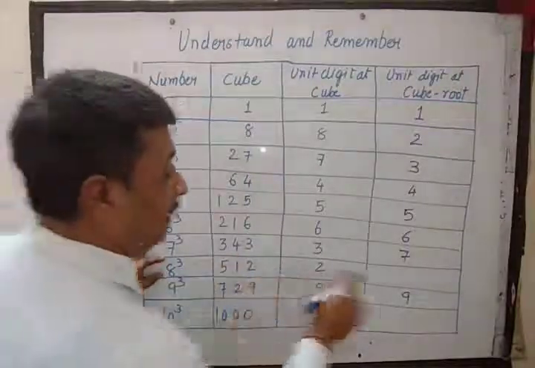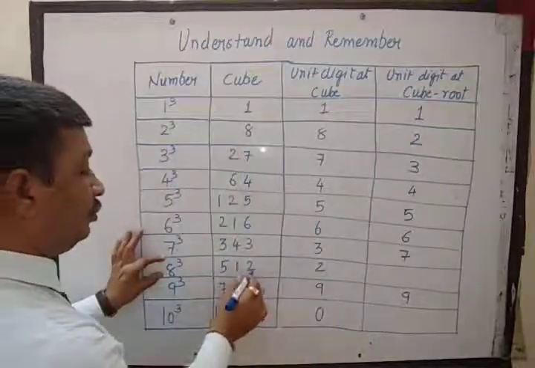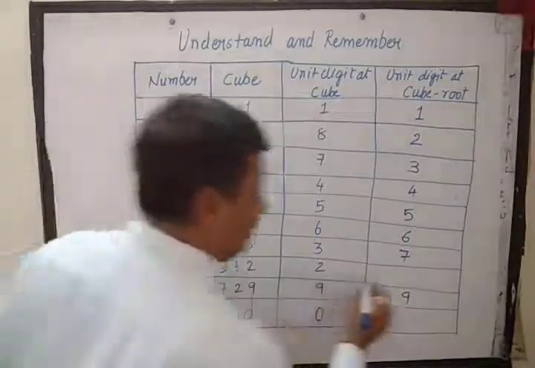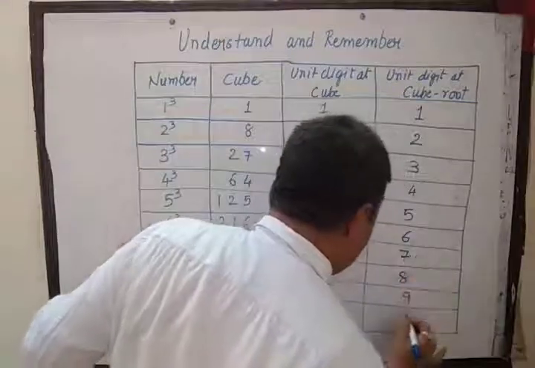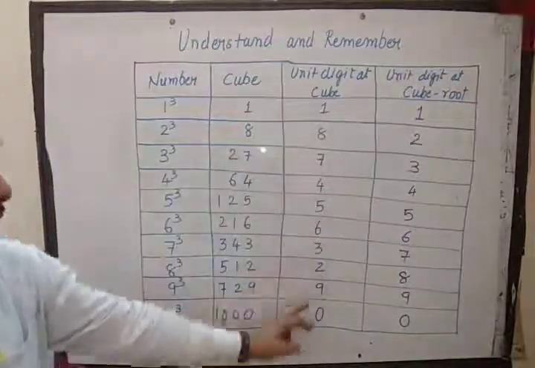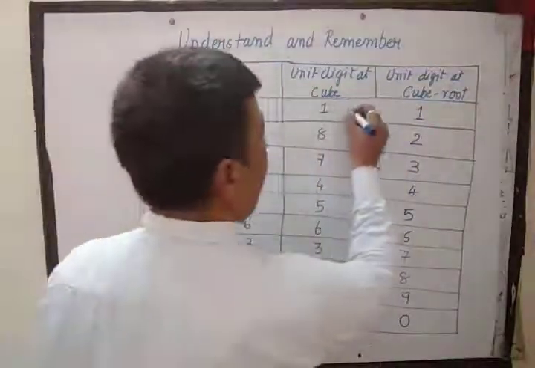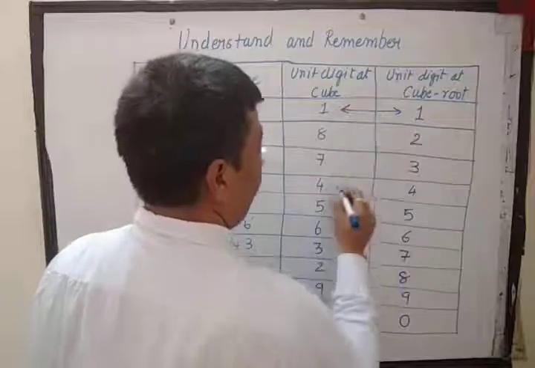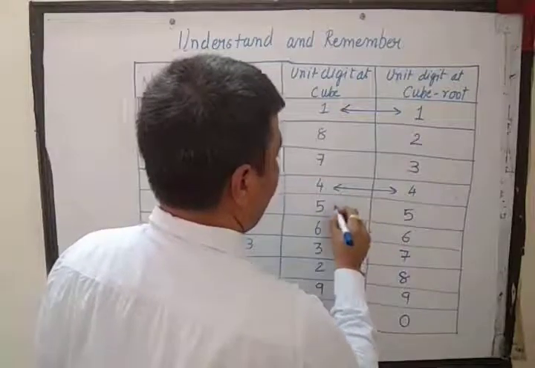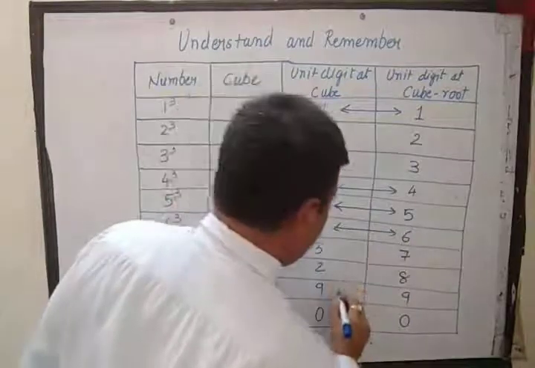Same way, if the cube ends in 2 then the cube root unit place digit is 8. 10 में तो 0, 0. So cube root unit place and cube unit place सर सेम आ जाते हैं. Clear?